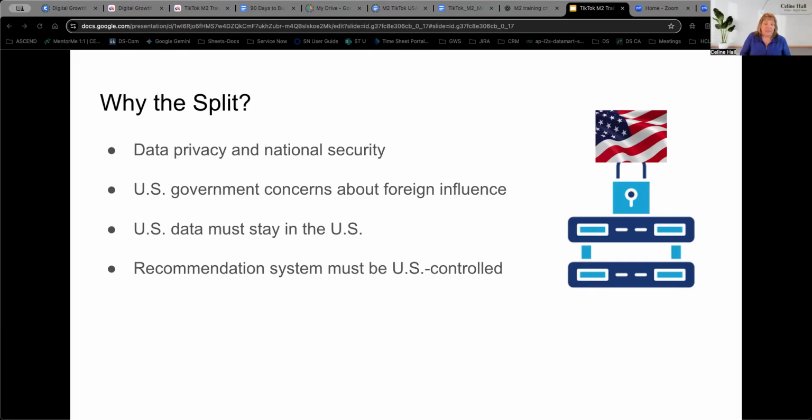So while it might feel a little inconvenient right now, the M2 rollout is actually about giving the US its own independent, secure version of TikTok. So for us as creators and marketers, it means that there'll be a learning curve, okay, how to work with the new isolated ecosystem.